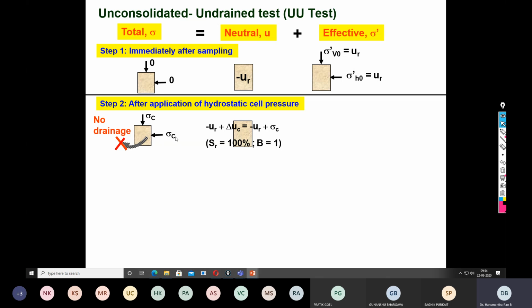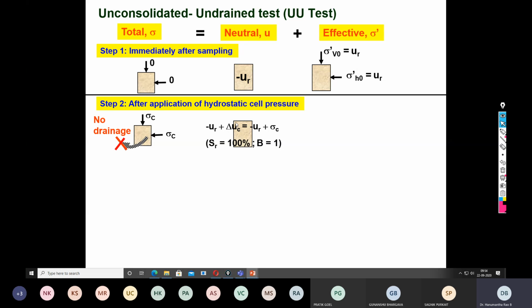When you apply the confining pressure, it will try to overcome the initial capillary action. Only then can it break the soil sample. Without overcoming this initial negative capillarity, the applied sigma c cannot shear the soil sample, until it overcomes the minus u r.